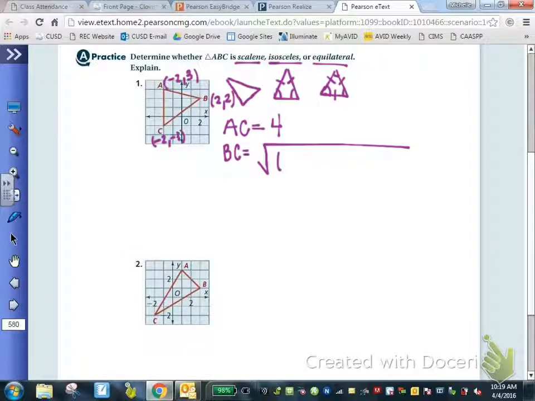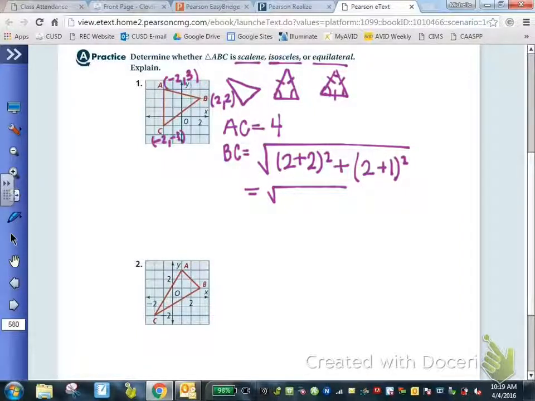So let's find the difference between the x's. What is the x coordinate of B? 2. Minus the negative, so that makes it plus what? 2 squared plus. Difference in the y's. Y coordinate of B? Minus negative 1, so that makes it plus 1 squared. I hope you guys are not writing as large as I am.